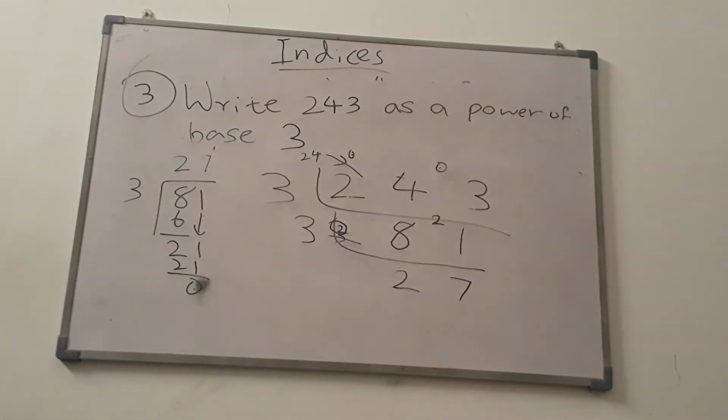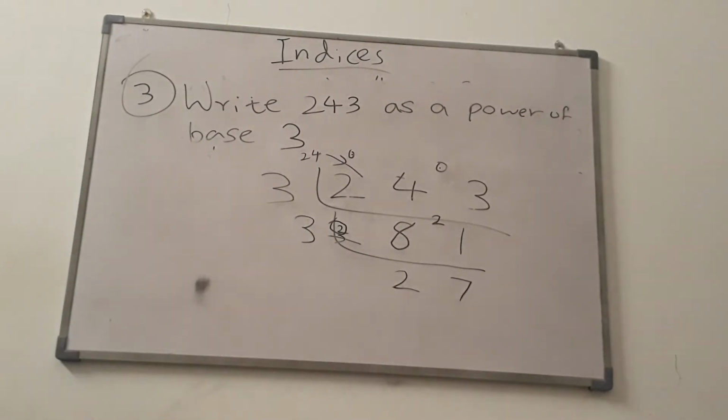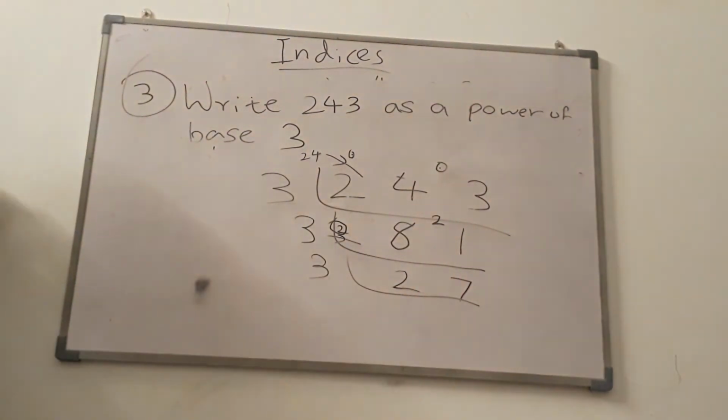Now we have to divide 27 by 3. Okay, that is easy. What you need to know is the tables. 3 times what is 27? 3 times 1, 3, 3 times 2, 6 likewise.